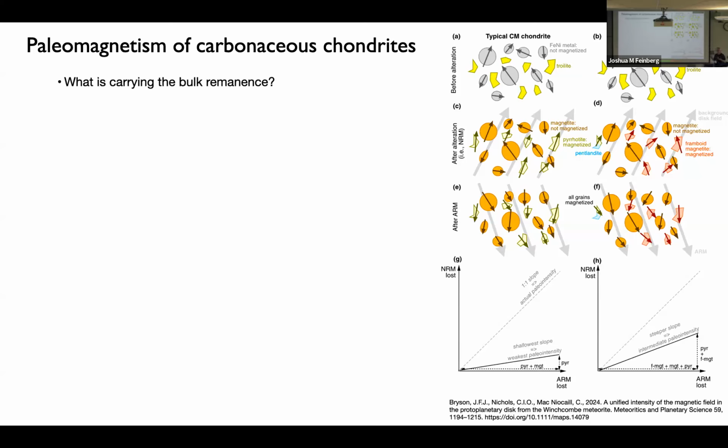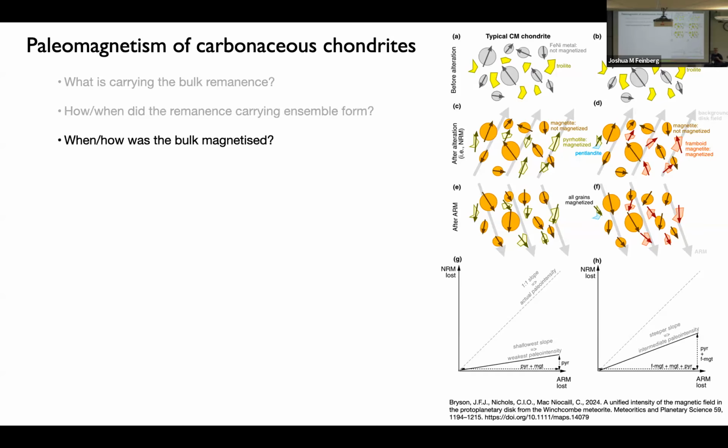And so there's a whole bunch of questions you might ask yourself about your sample, right? What's carrying the bulk remanence in my rock? Simple question, but an important one. How, when did that remanence-carrying ensemble form? And not necessarily the same question, how and when was that magnetized, okay?